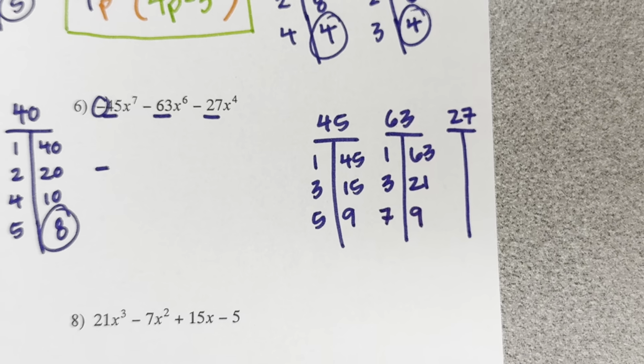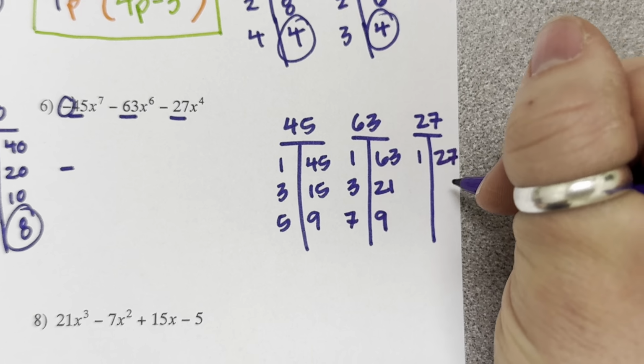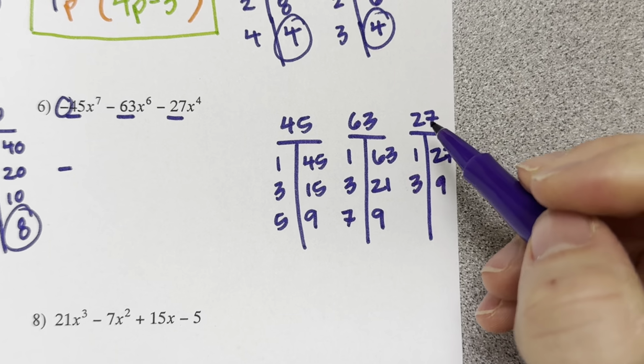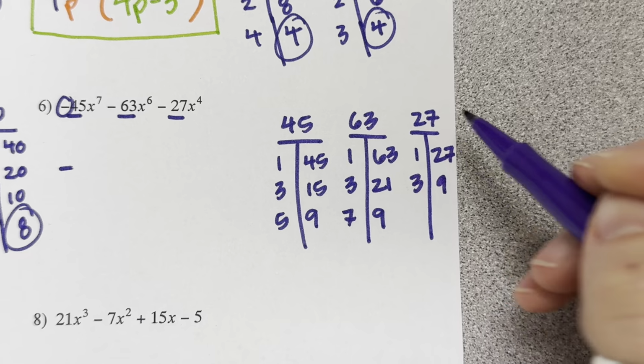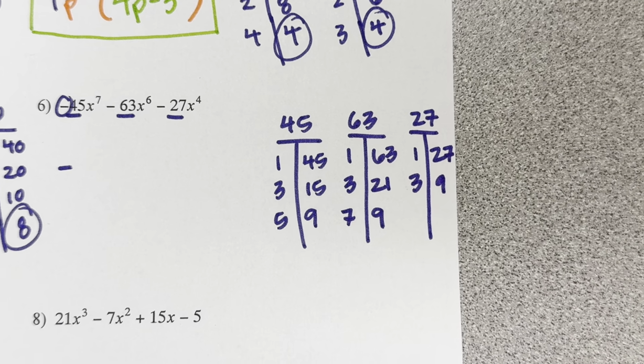Okay, and we're done for 63. And then 27, 1 times 27, 2 doesn't work, 3 does, 3 times 9, 4 doesn't work, 5 doesn't work, 6 doesn't work, 7 doesn't work, 8 doesn't work, 9 does, so we're done.